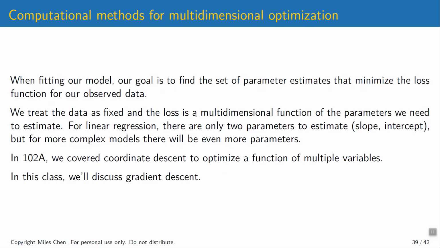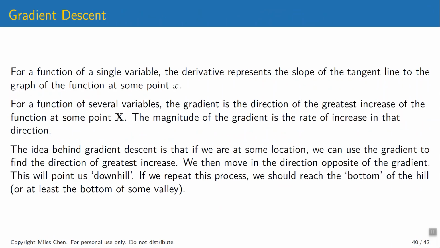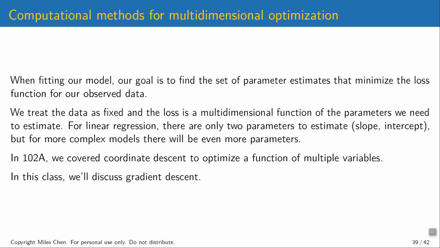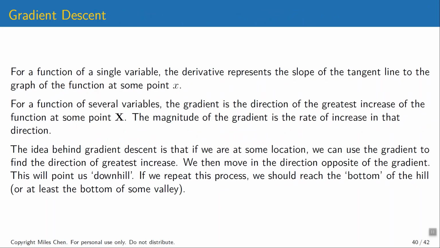In 102A, we mostly had unidimensional optimization. We did see coordinate descent, and in this class, we will take a look at gradient descent. Gradient descent is truly a multidimensional optimization algorithm. There are pros and cons, and situations where it struggles, but we'll take a look at it.